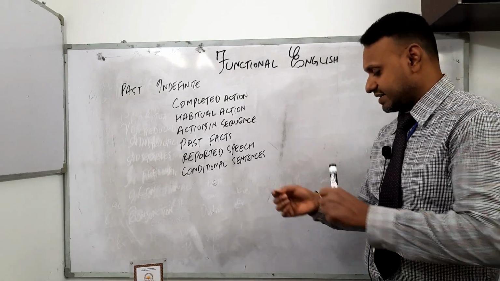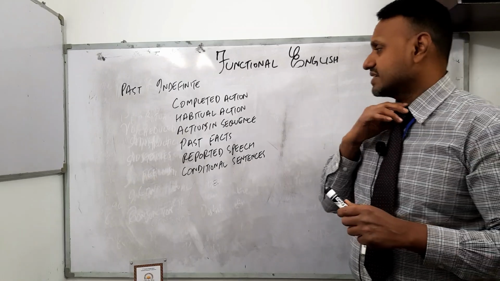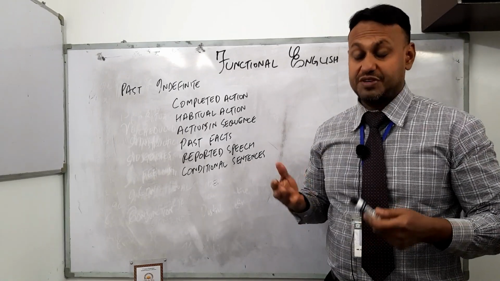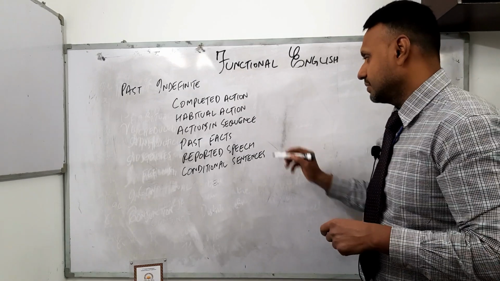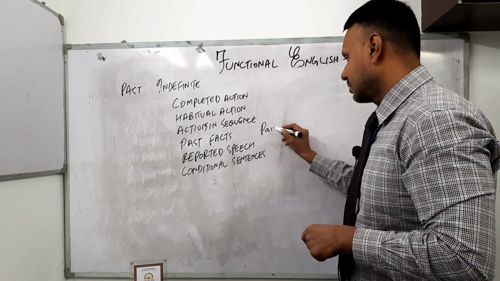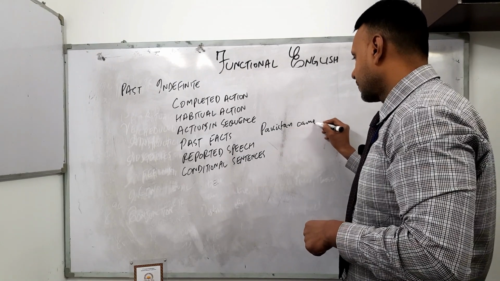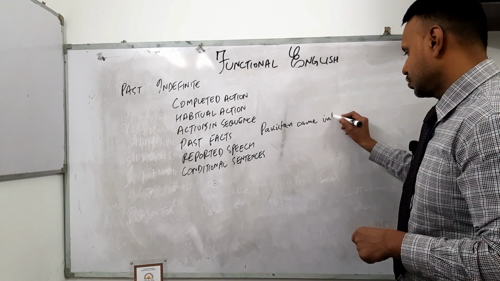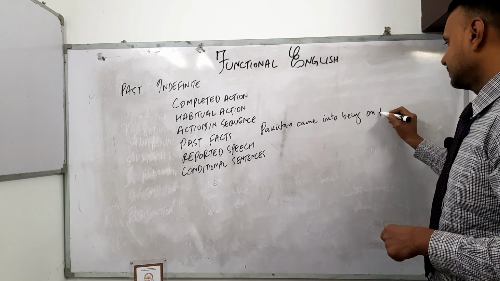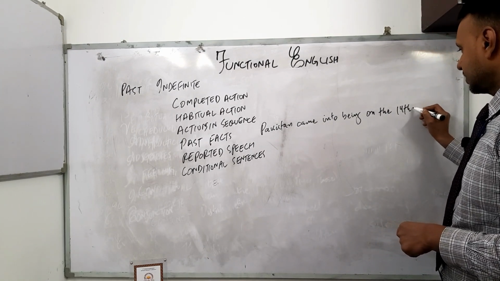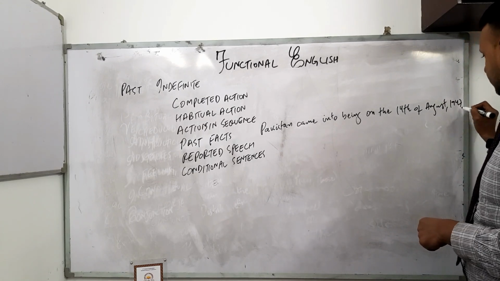Say past facts. So if we discuss the facts in the past, some of the facts we always mention when we discuss the facts in the past, we go for the past indefinite. So for example, Pakistan came into being on the 14th of August 1947.